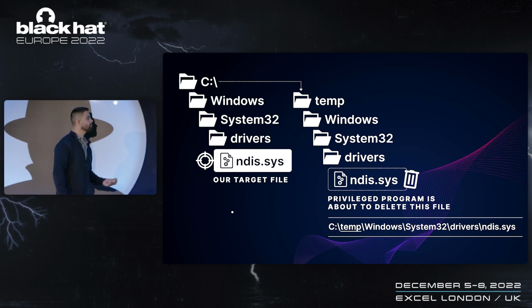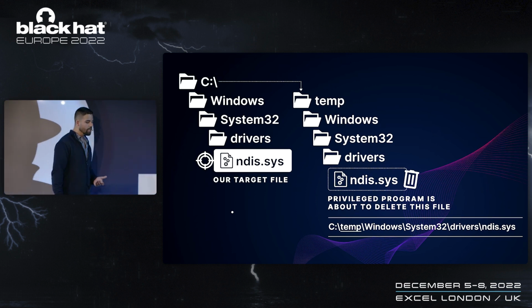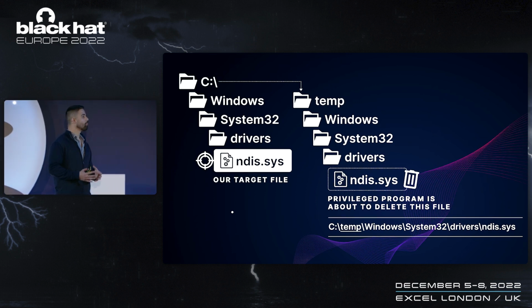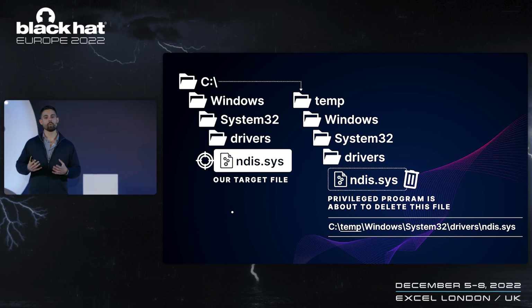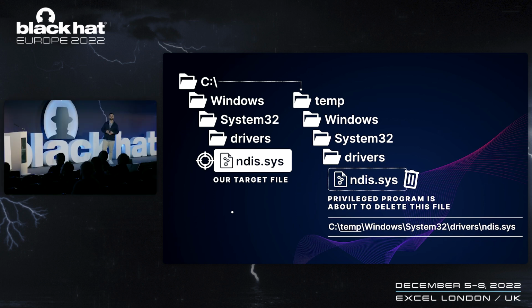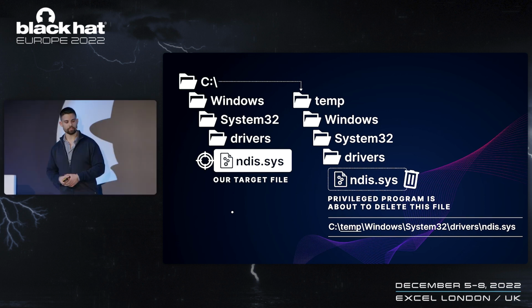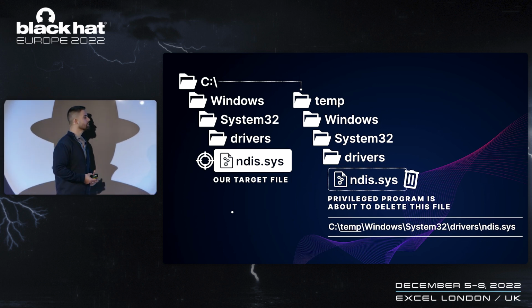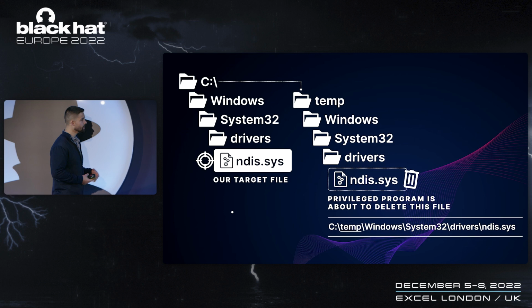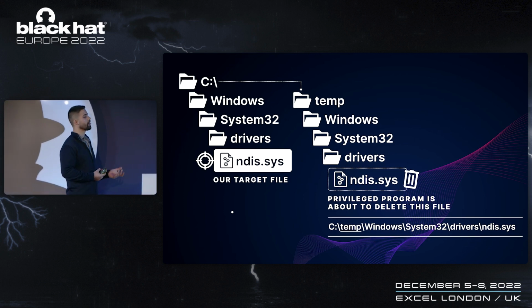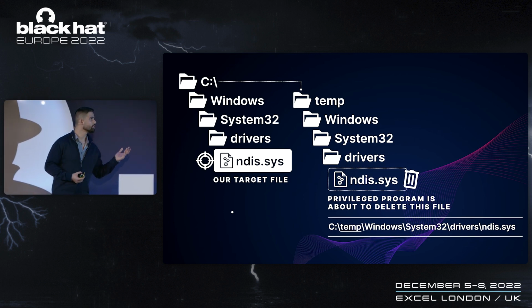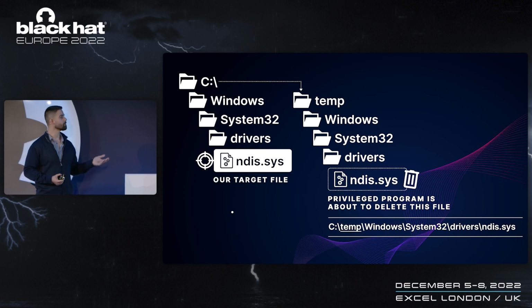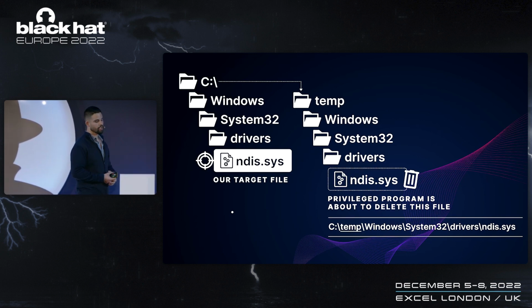And here in this example, we can understand how we can potentially point a privileged program using a junction point towards a different path to delete. So let's say that we're running as an unprivileged user, and we want to delete the ndis.sys file. This file is a driver in the operating system, and it's contained inside C:\Windows\System32\drivers.